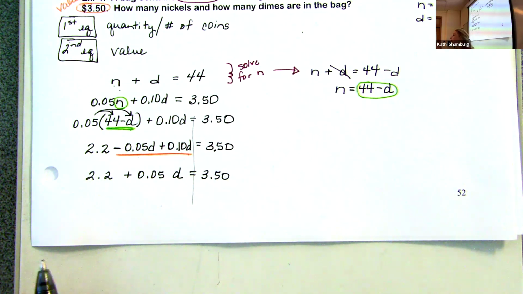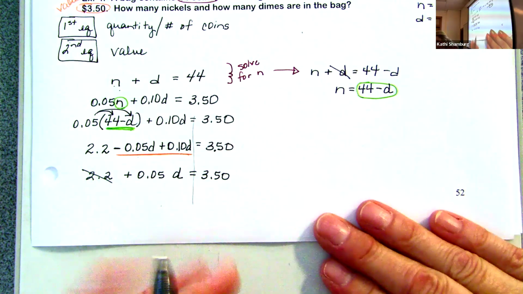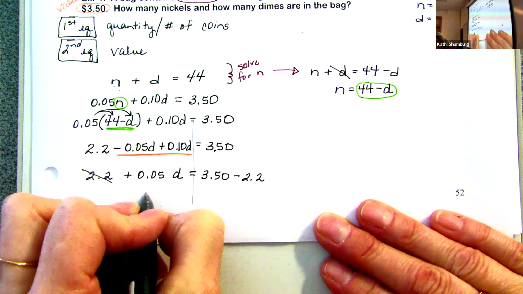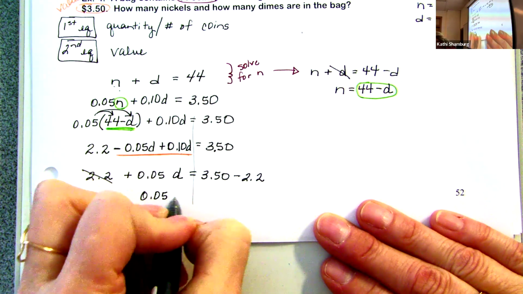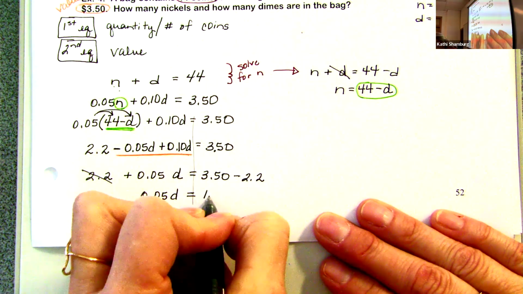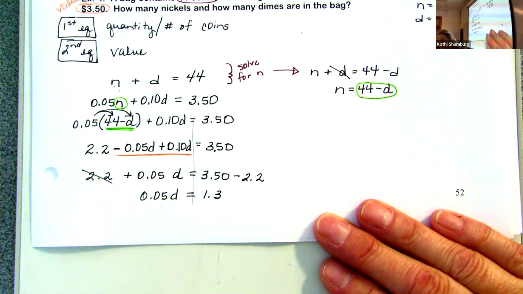Now the left side is simplified, so we're going to start isolating that D. The first thing I'm going to do is move the 2.2. It's positive, so we're going to subtract it on the other side. I have 0.05 D equals, what's 3.5 minus 2.2? 1.3. And again, if you put 1.30, it means the same thing.